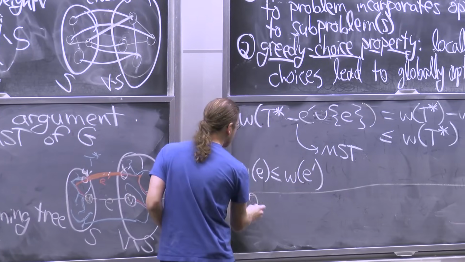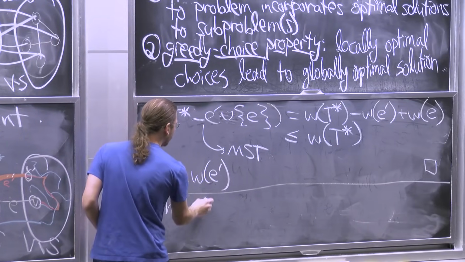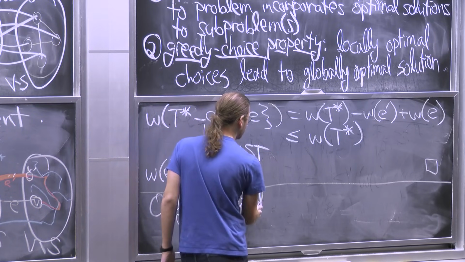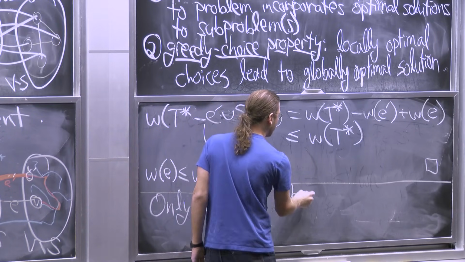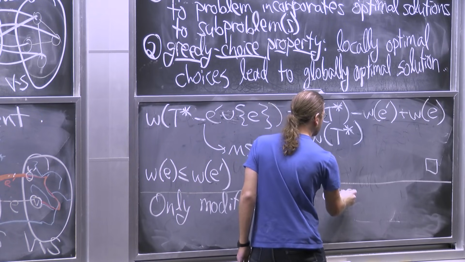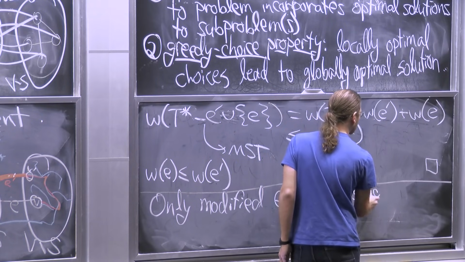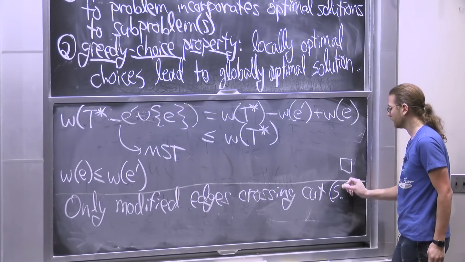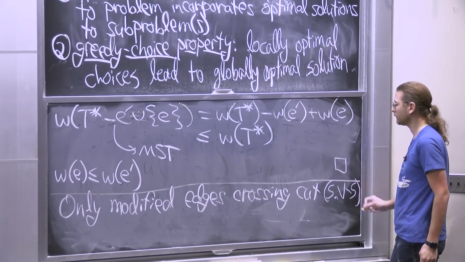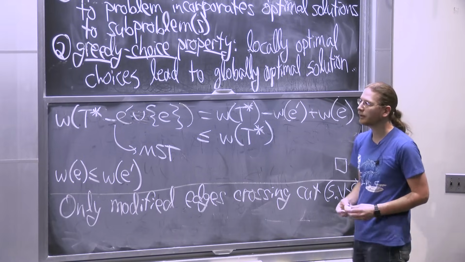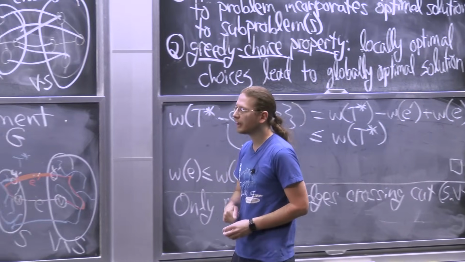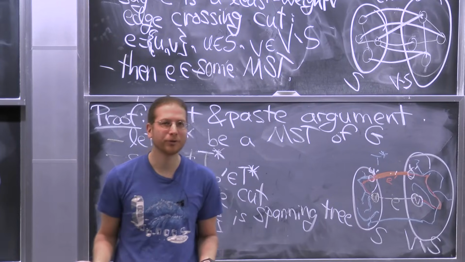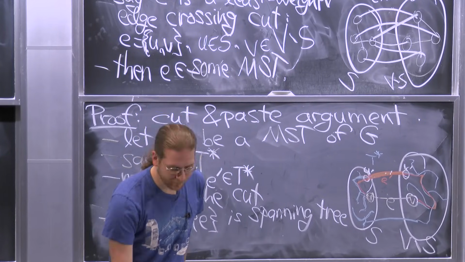So we only, let's say, modified edges that cross the cut. I'm going to use that later. We removed one edge across the cut, and we put in the one that we wanted. OK so far? These are a bunch of lemmas.